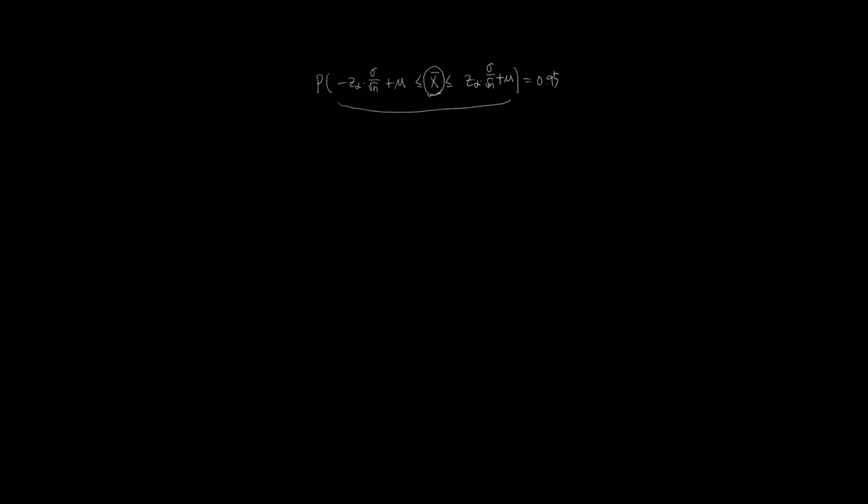This inequality is focused on X bar here, but because we are curious and want to know about the mu, which is the parameter of the population, we're going to subtract and add in this inequality to make it focused on mu, which is the parameter of the population.